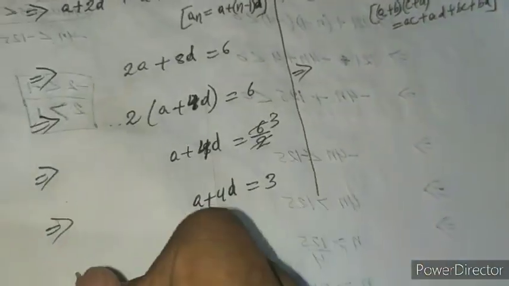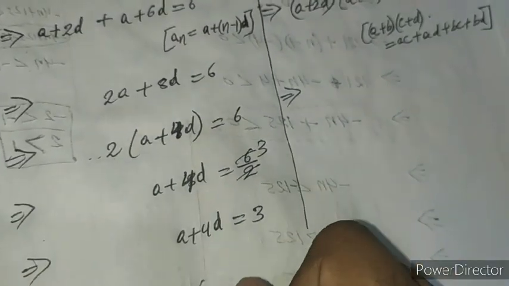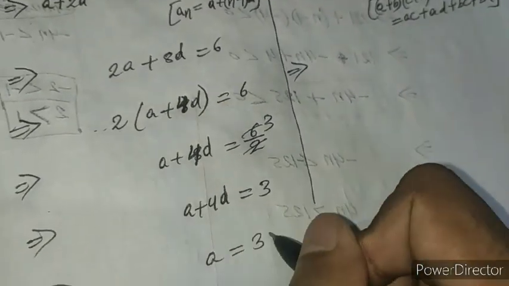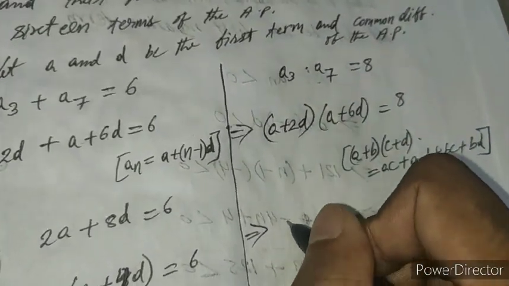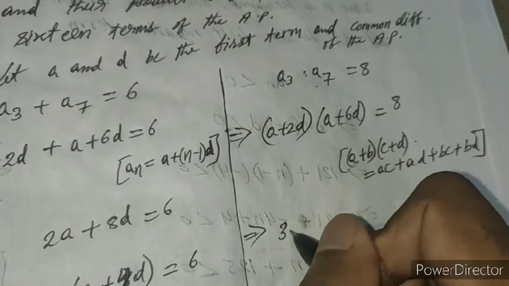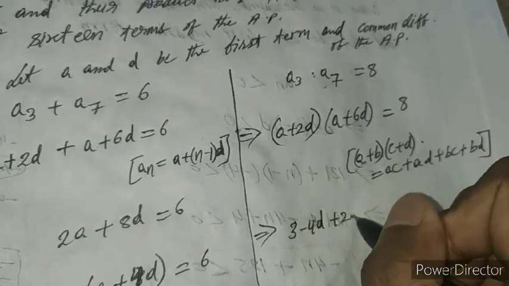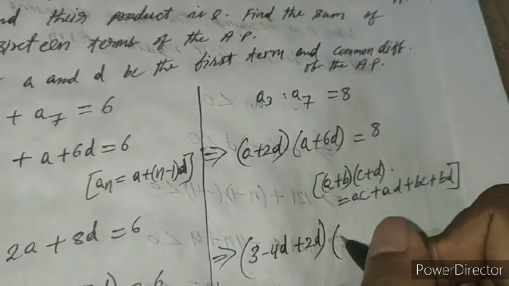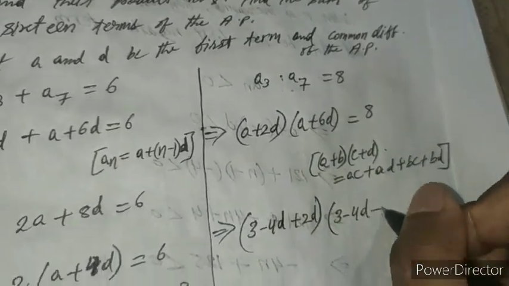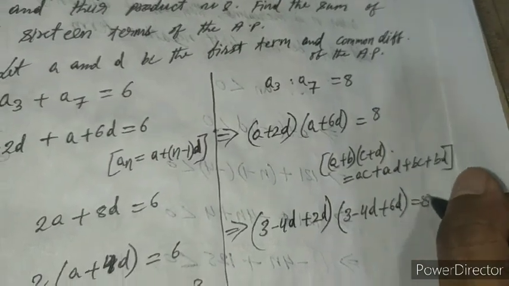Here we will find the value of a. a is equal to 3 minus 4d, right? So in place of a we will put 3 minus 4d plus 2d, and 3 minus 4d plus 6d is equal to 8.